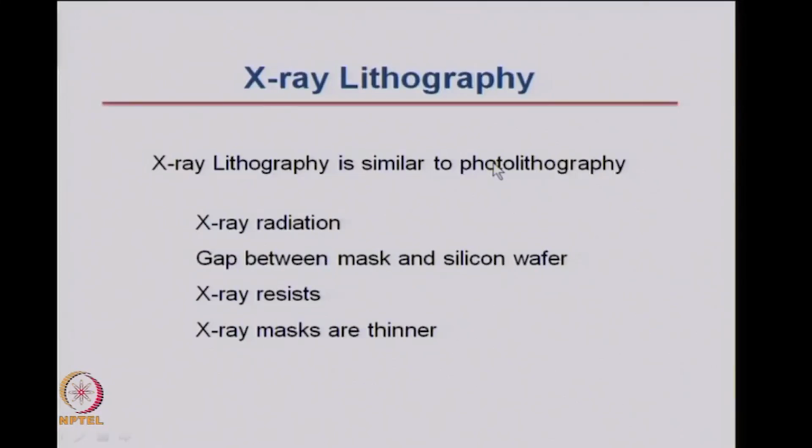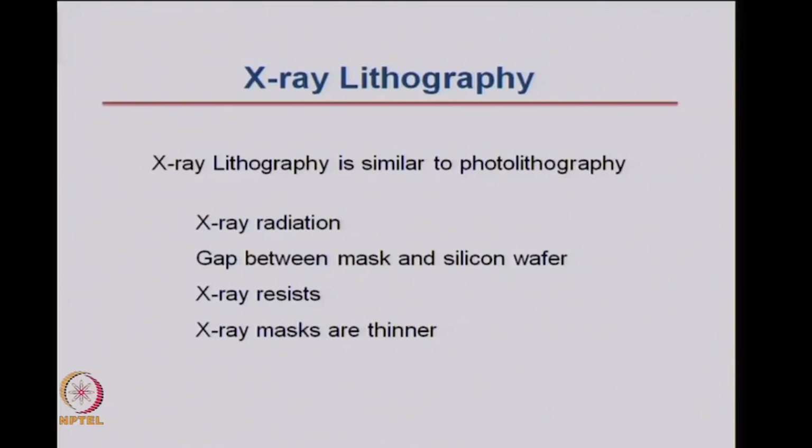So, X-ray lithography is similar to photolithography, except that you are using X-ray radiation instead of visible light or ultraviolet light, and you have to keep a gap between the silicon wafer or your substrate and the mask. In the earlier techniques, you used to put the mask right on top of the film, which was on top of the substrate.